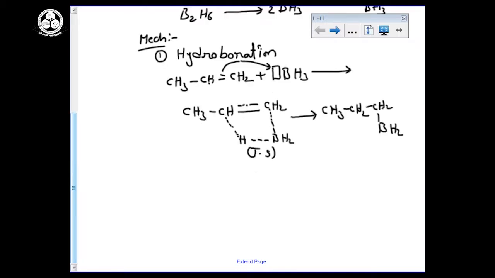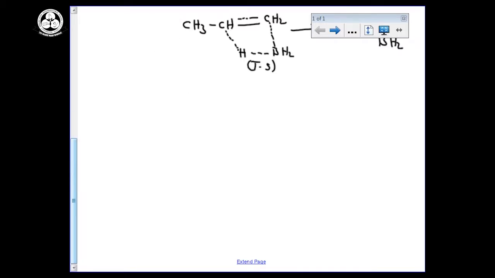Now we can see how it becomes CH3 CH2 CH2 BH2. We add one more mole of alkene. The alkene is CH3 CH double bond CH2.